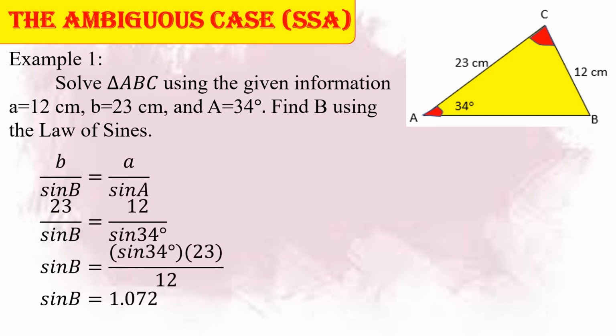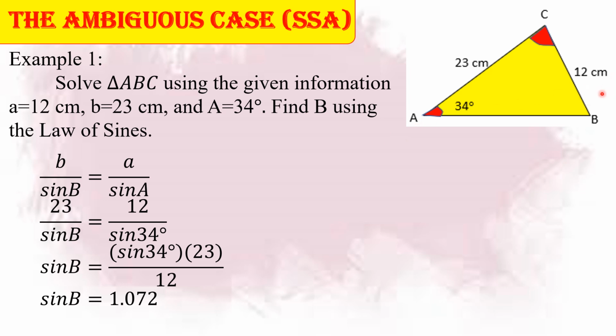The unknown is the angle B. And as you can see, we have side A, which is the opposite side of angle A. Our side A already has a given value.